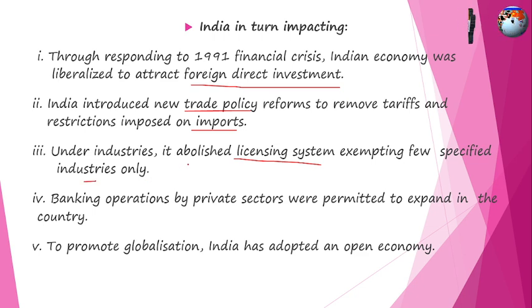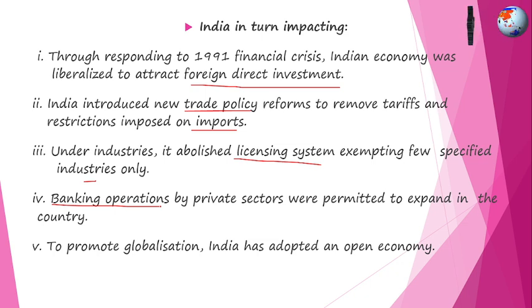Means it was abolished. And the next is that banking operations by the private sector were permitted to expand in the country. After 1991, banking operations were expanded in the country via private sectors also. Some private sectors got involved in the banking system and operations.